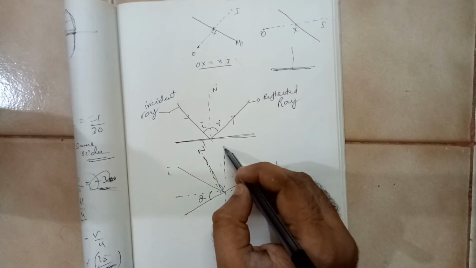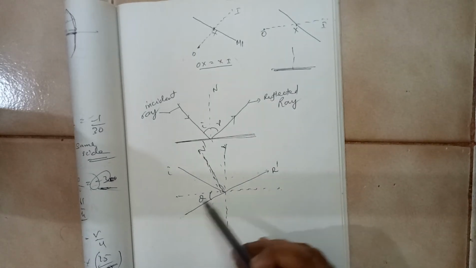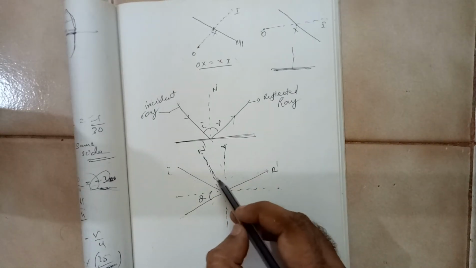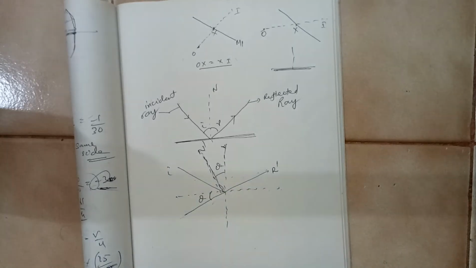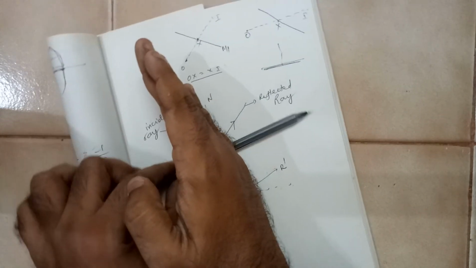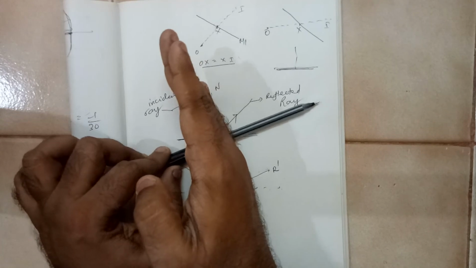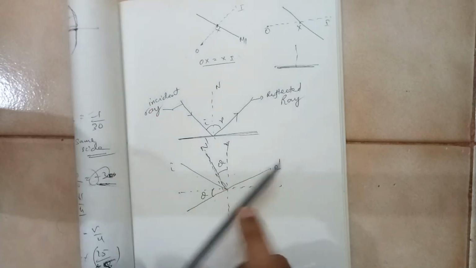So this was the original y axis. Now when you rotated the mirror, the normal also will shift by theta.